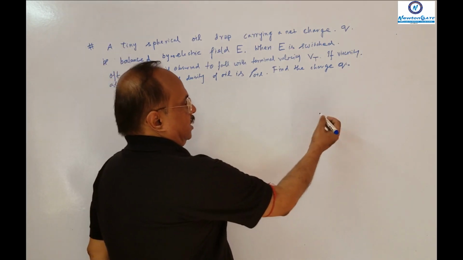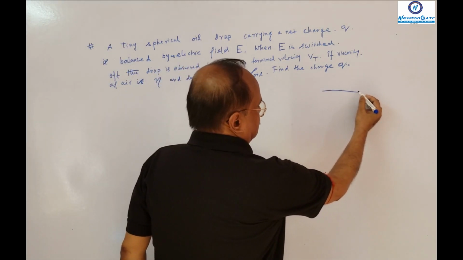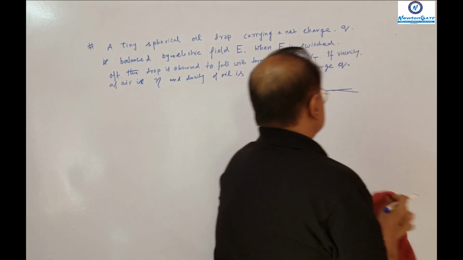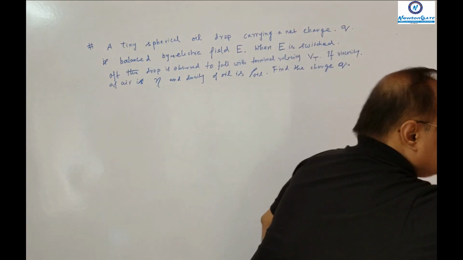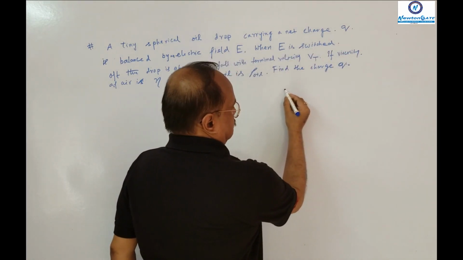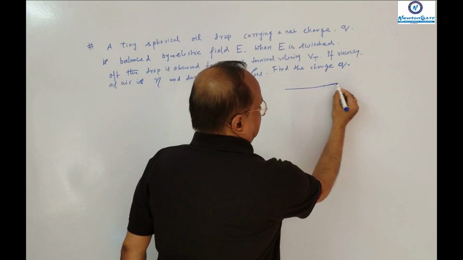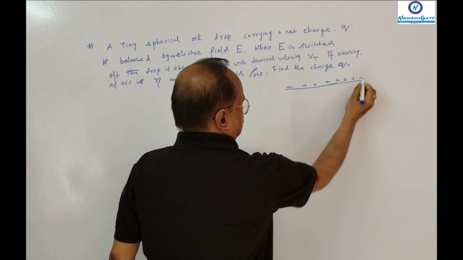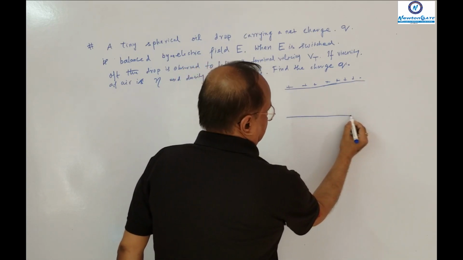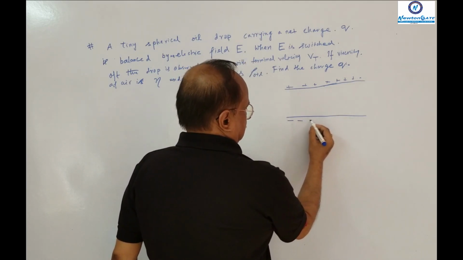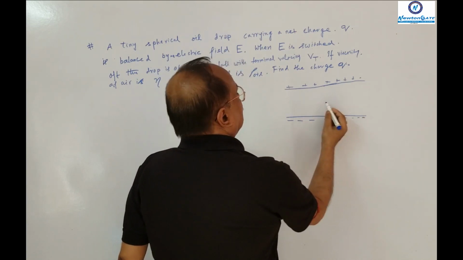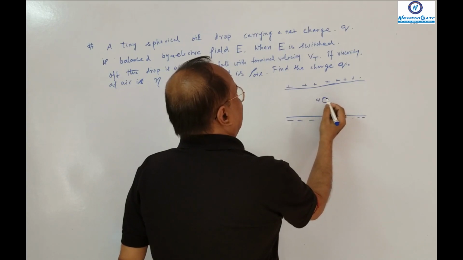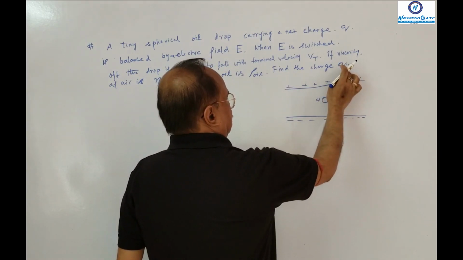So you can see this is our charge plate, this is a positive charge plate and this is our negative charge plate. Let us keep this charge, negative charge Q, over here, balanced. This is a negative charge because this is the charge of electron.